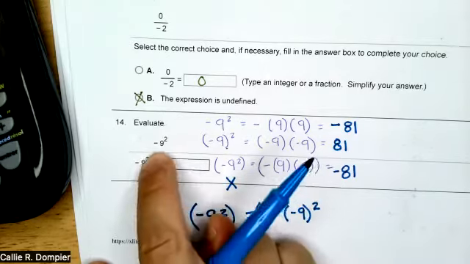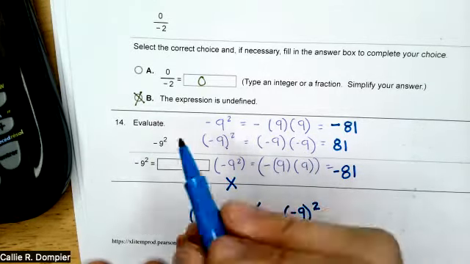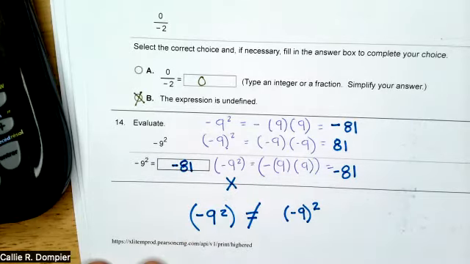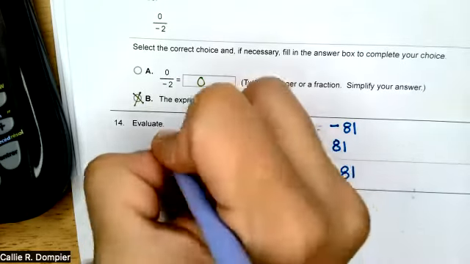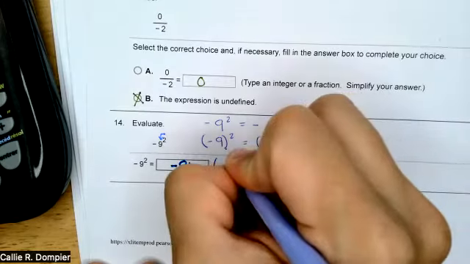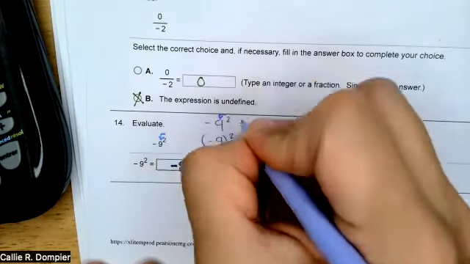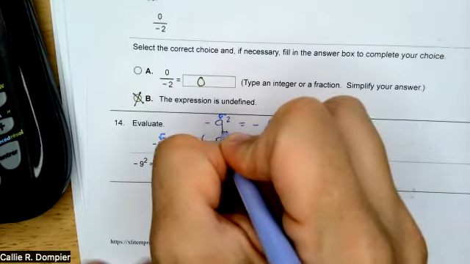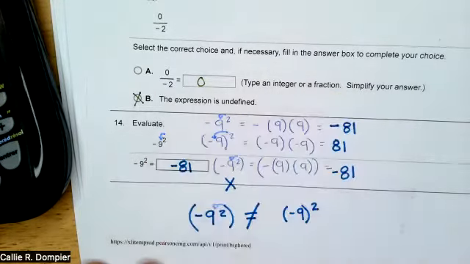Because there's no parentheses around the negative sign, we're going to call this a negative 81. If there's no parentheses, the 2 only goes with the number. But here, it's just like the distributive property. So we're distributing the 2 to the whole number. It's now a negative 9.